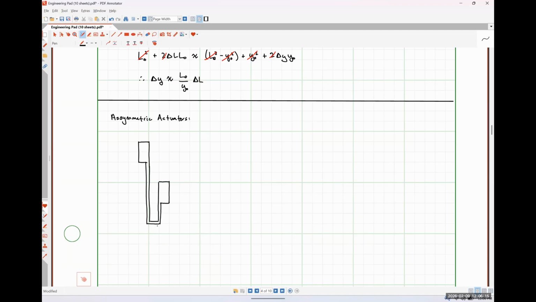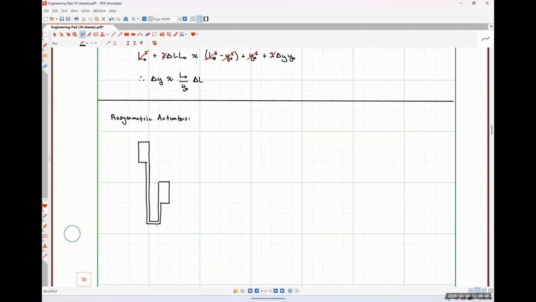So if we pass a current through this thing, it's going to cause stuff to heat up. But we've got one long leg and one very short leg. And the long leg should expand significantly more, because while the strain through both of them is going to be the same due to the heat transfer, we're going to see more thermal expansion out of the longer leg because its initial length is so much longer.